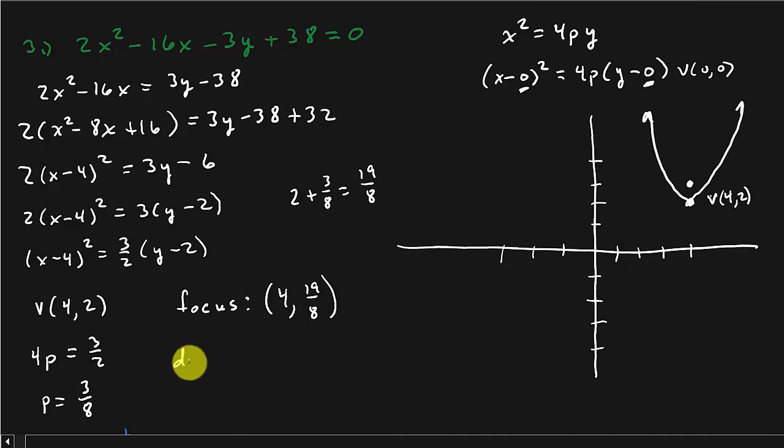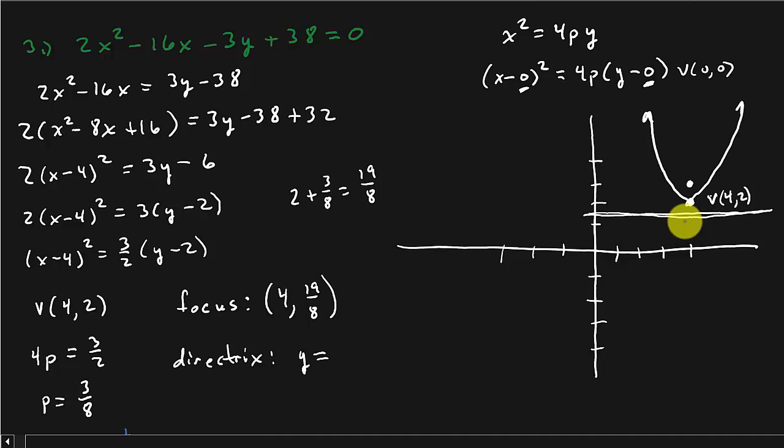And then I need my directrix. Now the directrix is going to be a line, y equals, right? So what is that line? Well, that's this line right here. It's 3/8 down from this point.